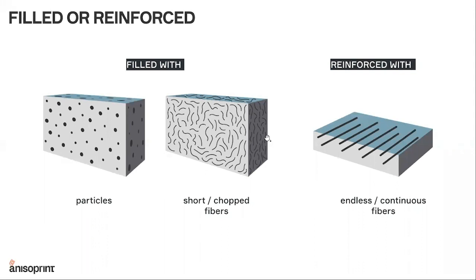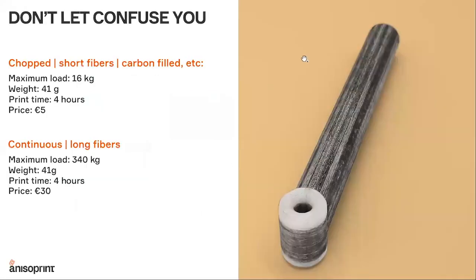For comparison, if it's a short fiber or chopped fiber filled polymer, then its strength can be probably as high as 100 megapascal, while with continuous fiber reinforced plastics you can go up to 2000. So that's 20 times or even more stronger material that you get with continuous fibers than you have with short fibers.